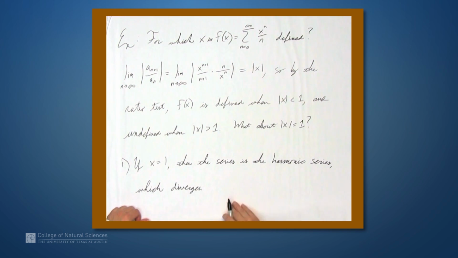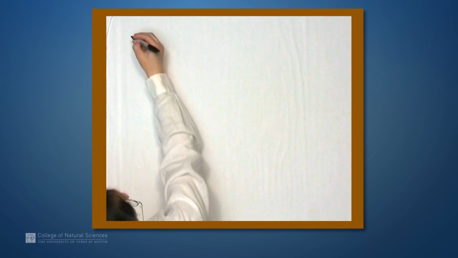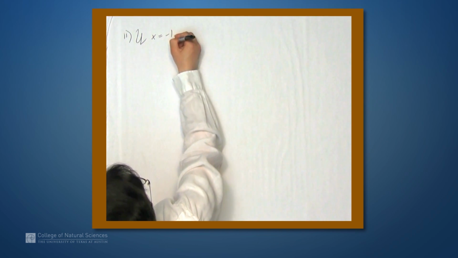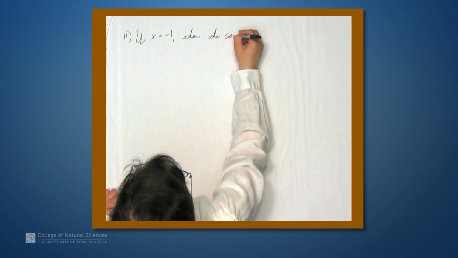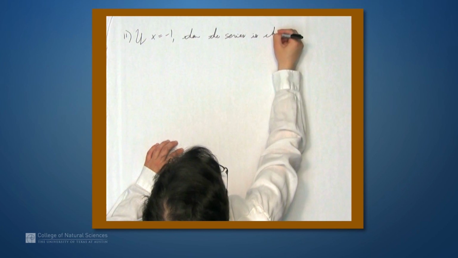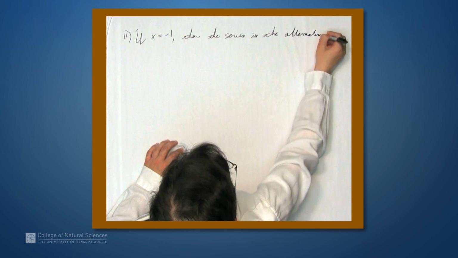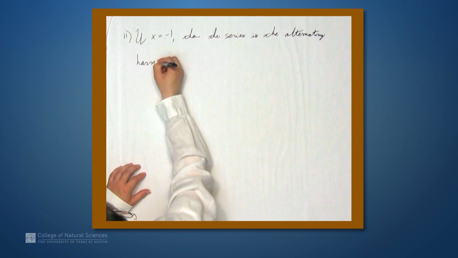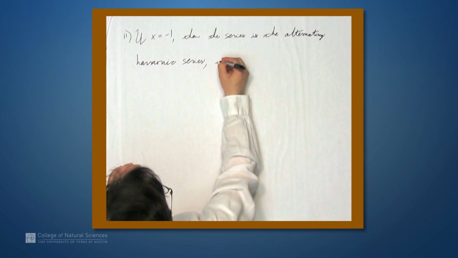But what happens if x is equal to negative 1? So case 2, if x equals negative 1, then the series is the alternating harmonic series, which converges.